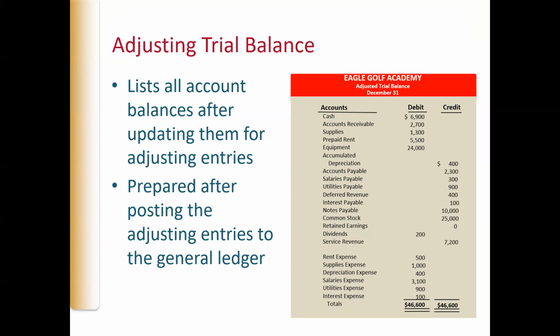This trial balance is just a list of all the accounts. We start with our assets, our liabilities, our stockholders' equity, our revenues, and then our expenses. This is the adjusted trial balance after we've recorded all of our adjusting entries.